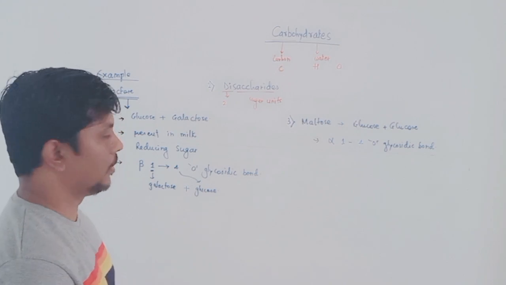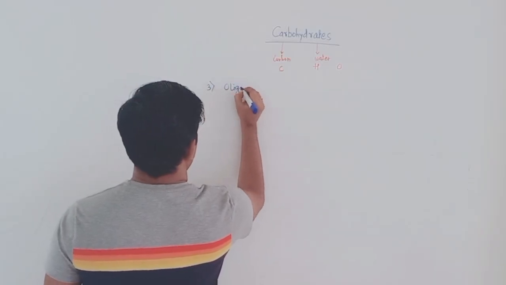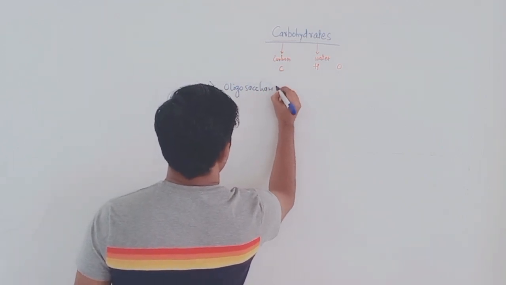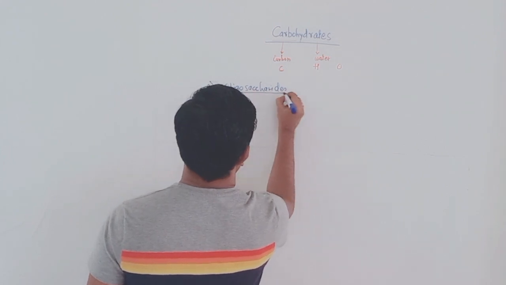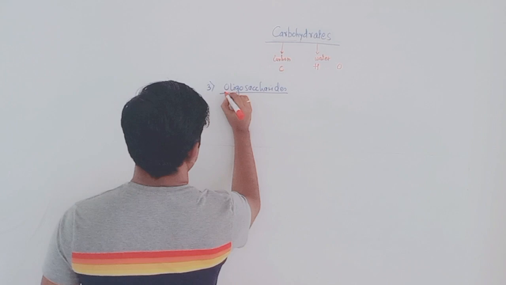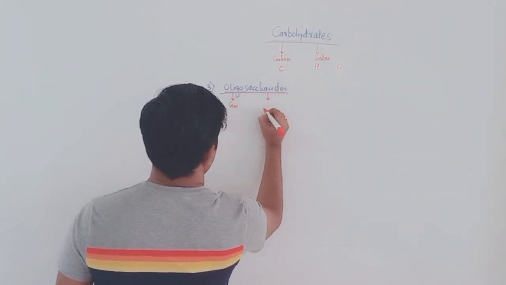Now we'll come to the oligosaccharides. So the third type is oligosaccharides. Oligo means few, saccharides means sugar.